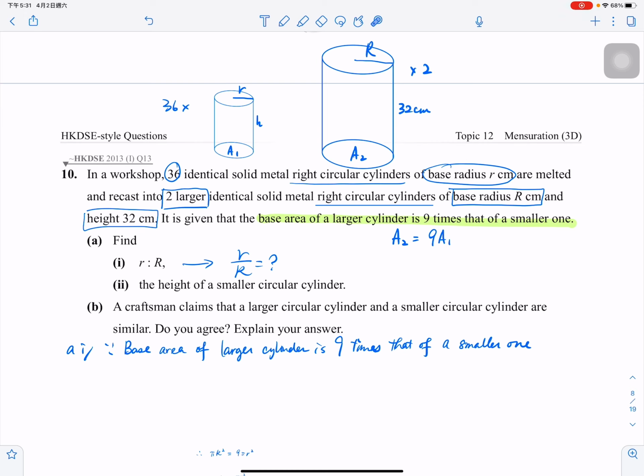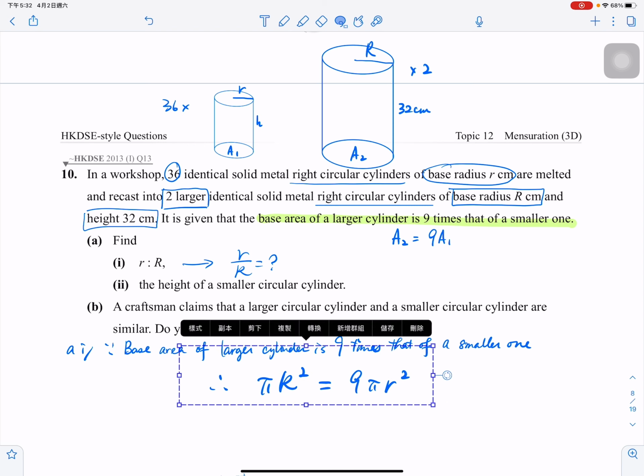Okay, let's see. The base area of the large one to the smaller one. So this is the question's given relation about the large base area and small base area. 9 times, so you see that this is the first relation.